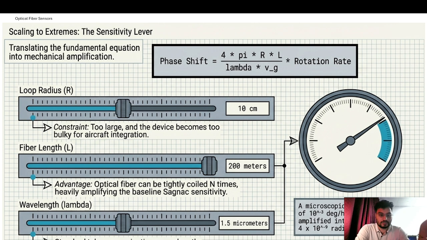If it is too large, the device becomes too bulky for aircraft integration, so the loop radius will be 10 centimeter. Then the second thing, fiber length, which will be 200 meter, and the advantage is optical fiber can be tightly coiled n times, heavily amplifying the baseline Sagnac sensitivity. Then the last one is wavelength lambda. Standard telecommunications wavelength, 1.5 micrometers, can be used.